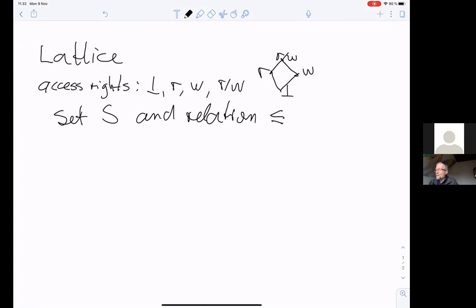I'm just borrowing from the integers this relation that one thing is less than or equal to the other.